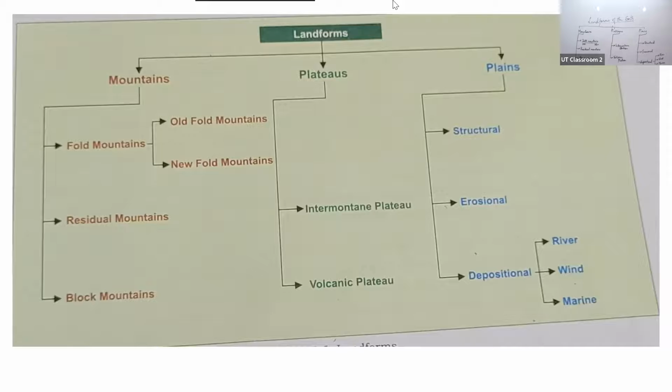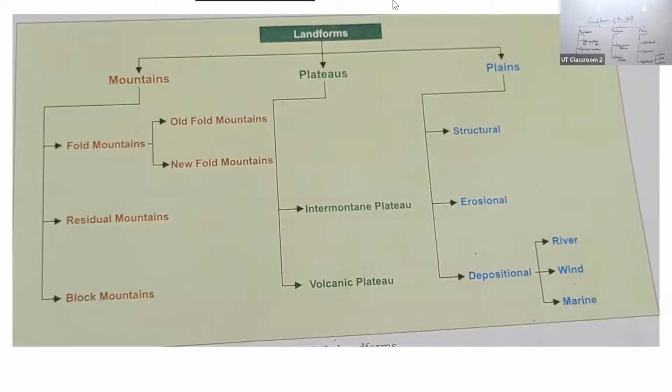Two landforms formed by exogenic forces. That is also done. All we have covered below. ये सब रहते हैं आगे के पार्ट में नहीं. Two landforms produced by exogenic forces.